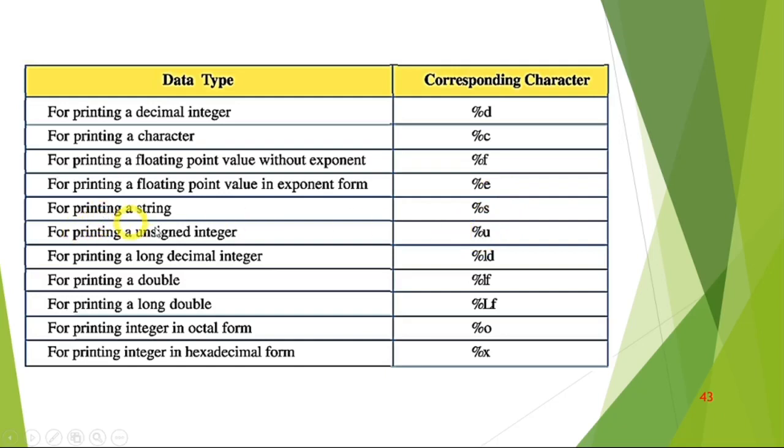So printing string %s, unsigned integer %u, long decimal integer %ld, a double actually %lf, that is a float, long double %Lf, then putting integer octal form, so %o, octal, then hexadecimal form, so we have to use %x. Each and every having MCQs.